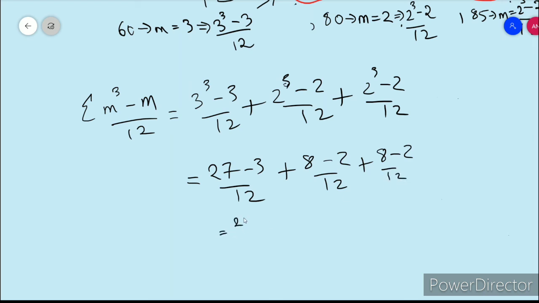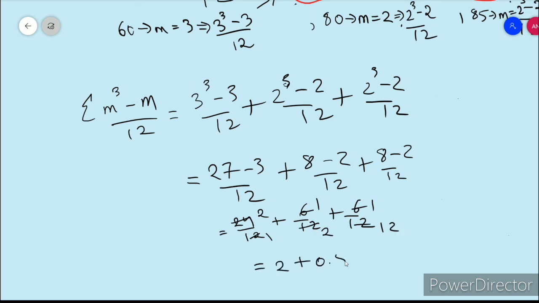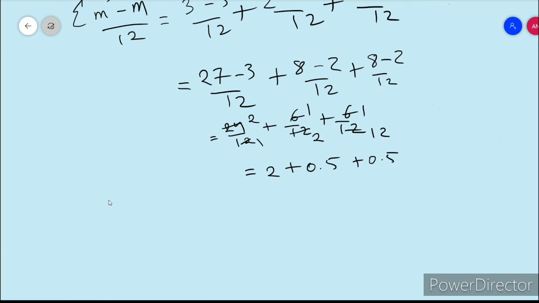So this is 24 by 12 plus 6 by 12 plus 6 by 12. 12 times 2 is 24, 6 times 2 is 12, 6 times 2 is 12. What you get is 2, 1 divided by 2 is 0.5, 1 divided by 2 is 0.5. So what you get is summation of m cubed minus m divided by 12 equal to 3.